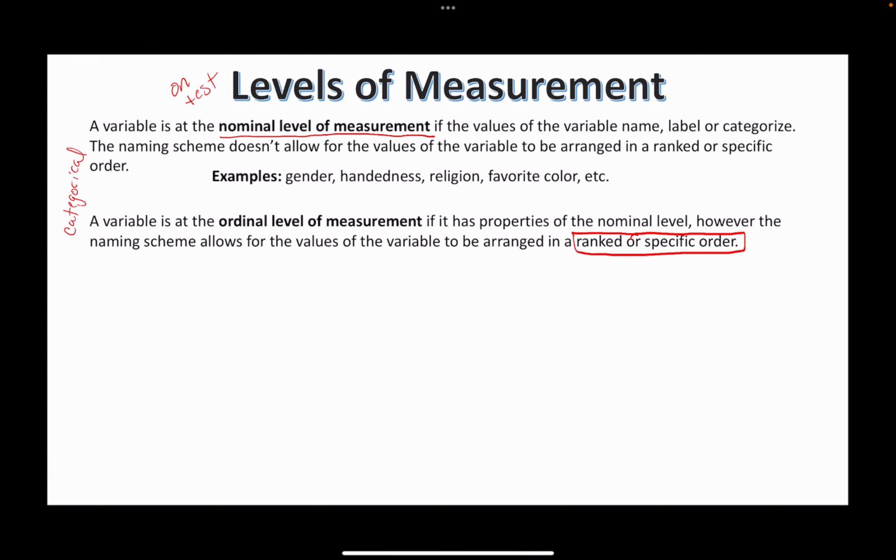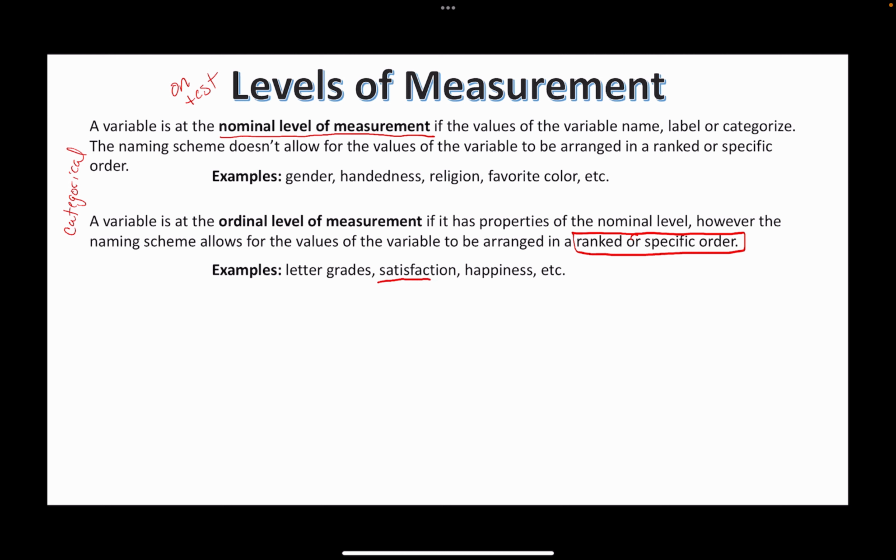For example, letter grades. Letter grades go A, B, C, D, and F. If I put the letter grades as B, F, D, C, A, that's going to look really strange. If they look strange being in a different order, then it's probably ordinal.